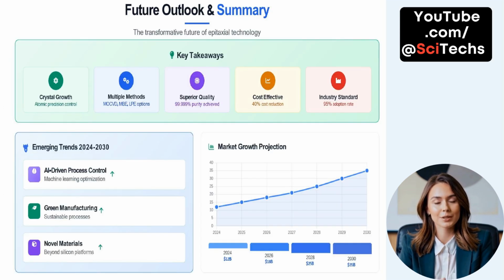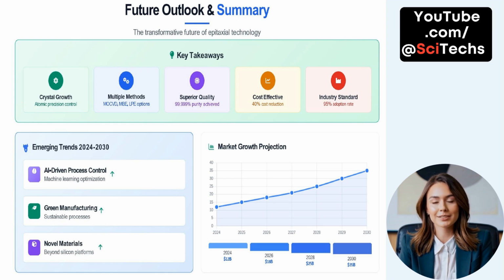Future outlook and summary. The future of epitaxial technology is both transformative and promising. At its core is atomic-level precision in crystal growth, enabling unmatched structural control. Multiple deposition methods, like MOCVD, MBE, and LPE, offer flexibility depending on material and application needs.